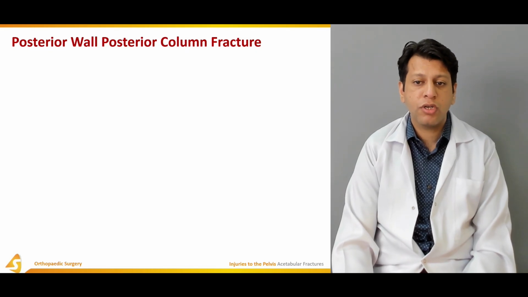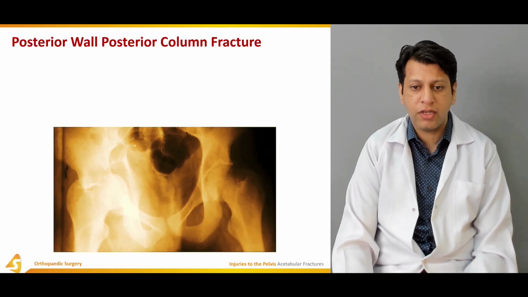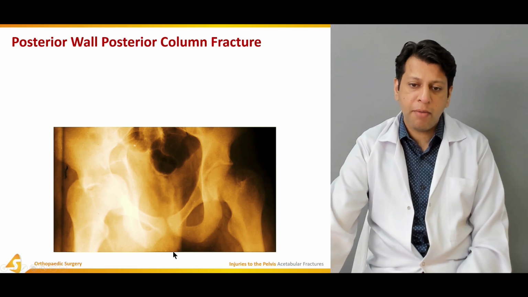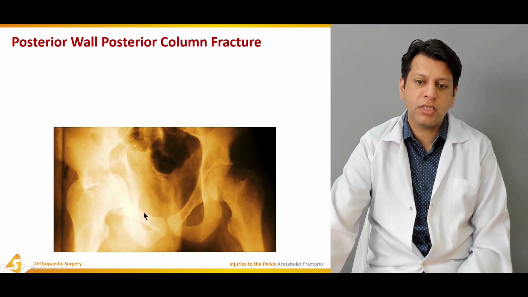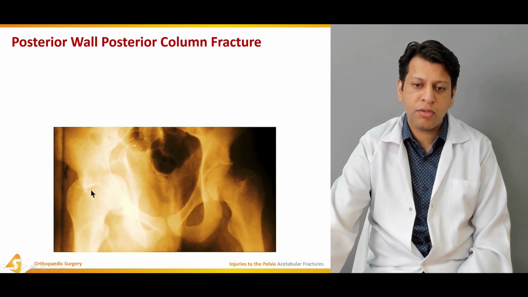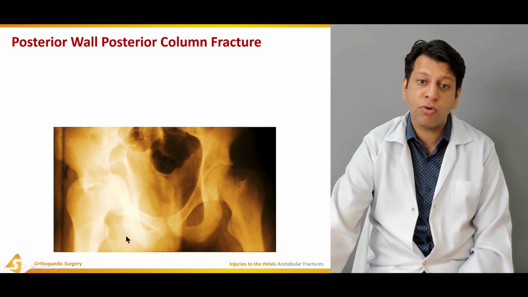Now coming to the posterior wall with posterior column fracture. If you see the iliopectineal line, it looks okay. There's nothing wrong with the iliopectineal line. But the ilioischial line is disrupted. I cannot appreciate any continuity of the posterior wall either.